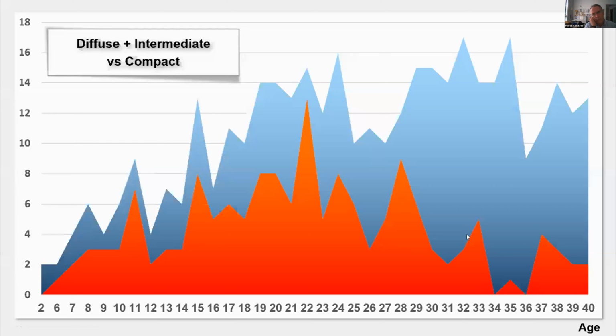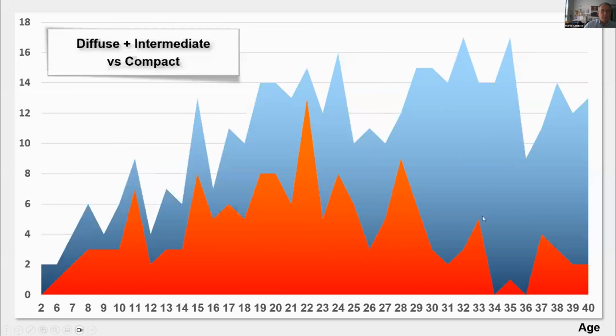We took all the AVMs we treated, and then we concentrated on the first 40 years of age, and you see that the red ones are those considered diffuse or intermediate, and you see here is the age, and these are the compact ones.